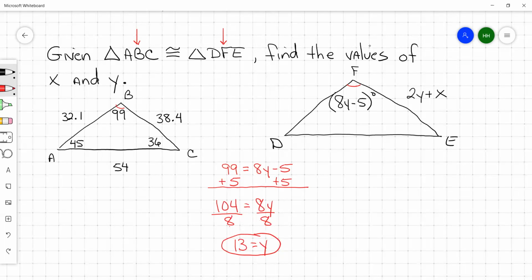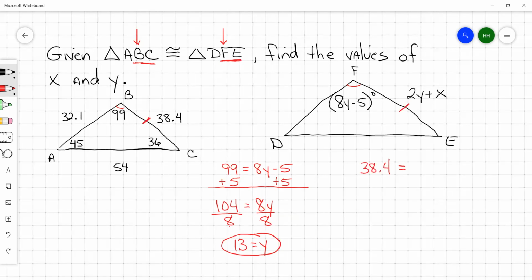So now you've got to solve for x here, and you've got side FE. And side FE, that's the second and third letters in this description. That's going to be congruent to the second and third letters in this description, which is side BC, which is right here. So you write another equation. 38.4 is equal to. Now, we're not going to write this expression as 2y plus x. We're going to write it as 2 times the y.